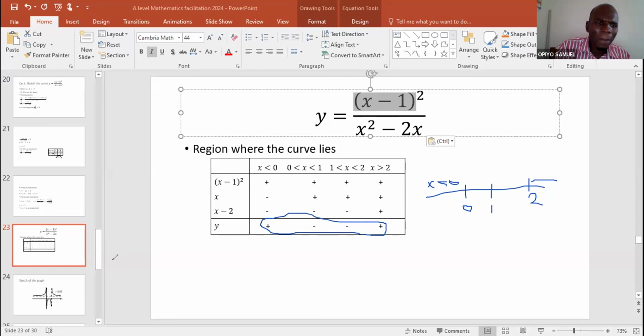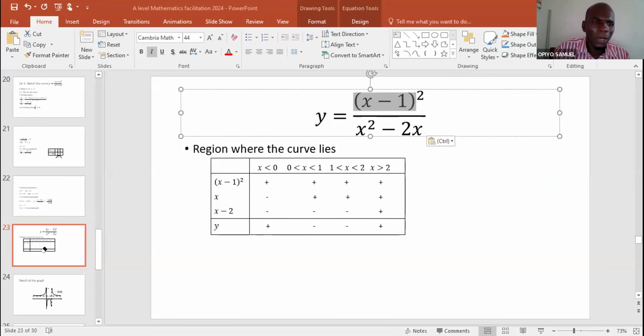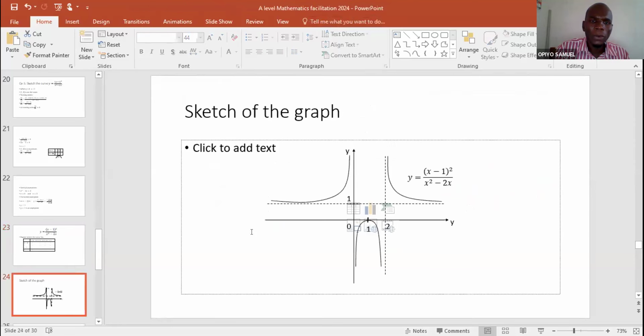So that when you come to the plotting of the curve, we can translate that. Now, let me clear this first. So the lines of asymptotes, we have x equal to 2, and lines of asymptotes are drawn using dotted lines, not full lines.